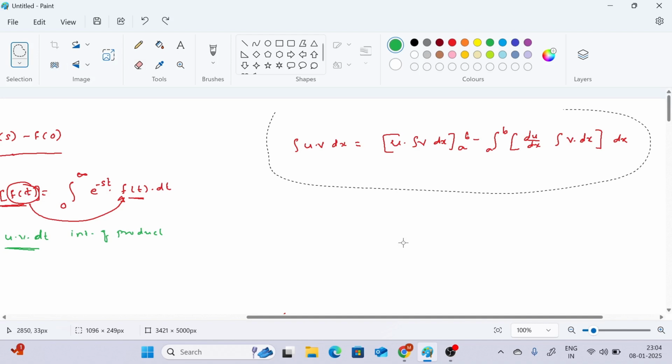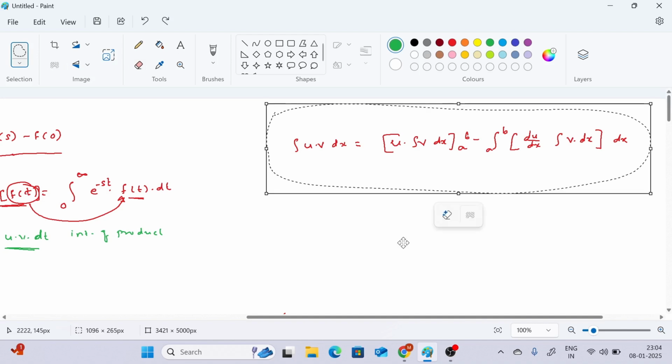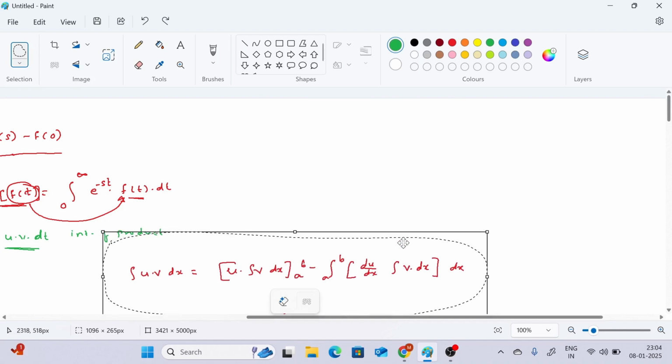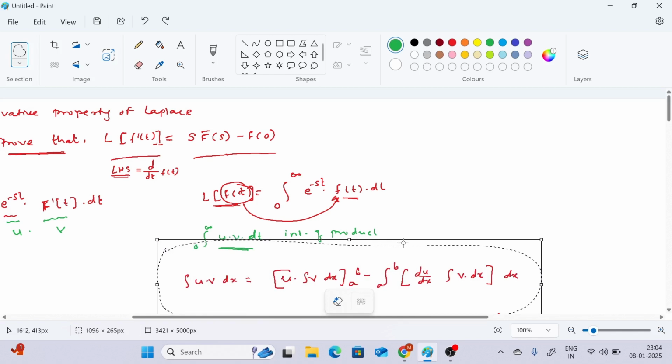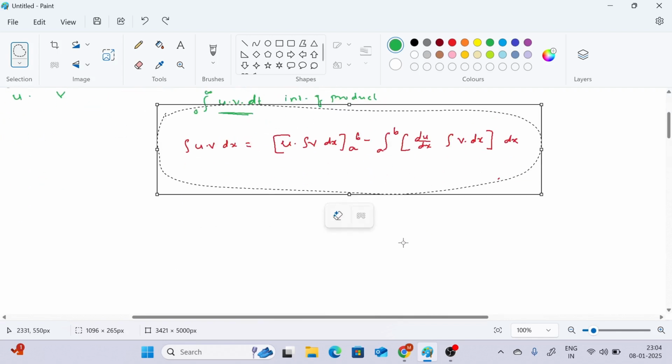I'm taking this rule here, so it will be easy for you to see.